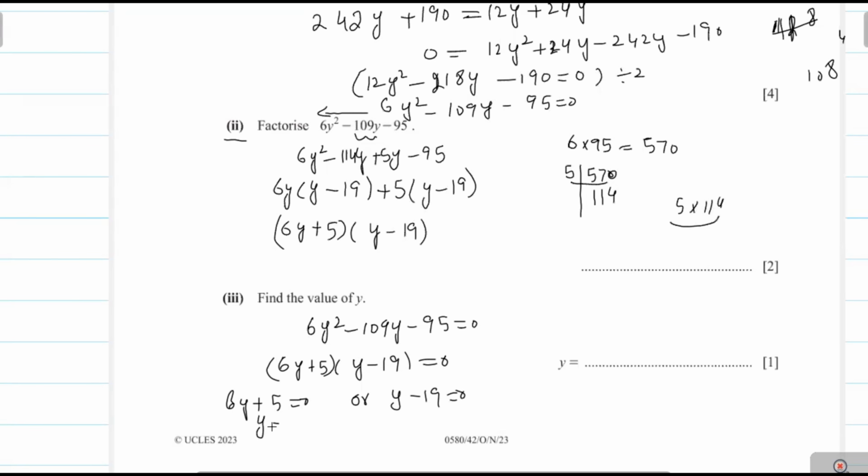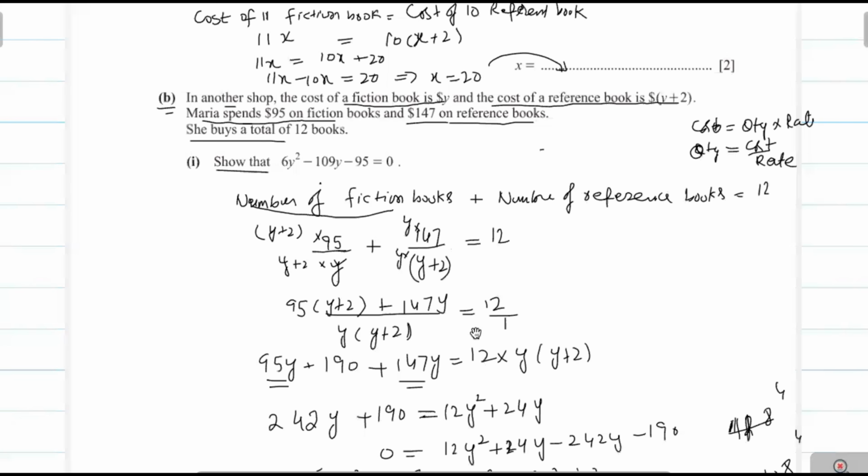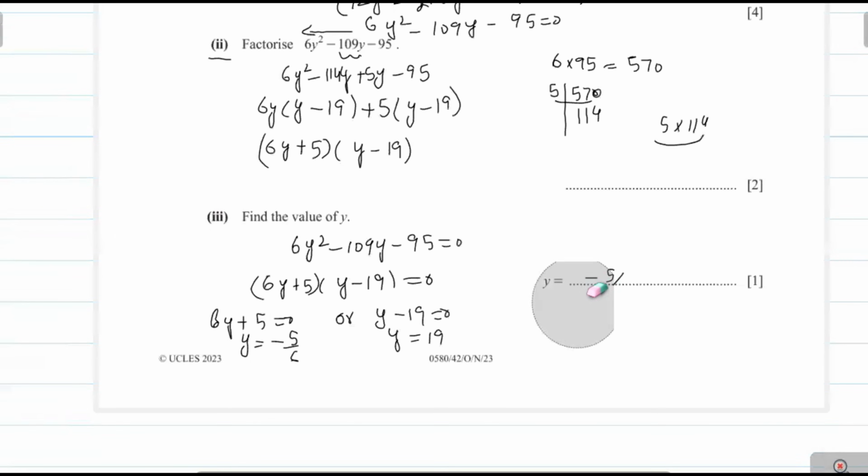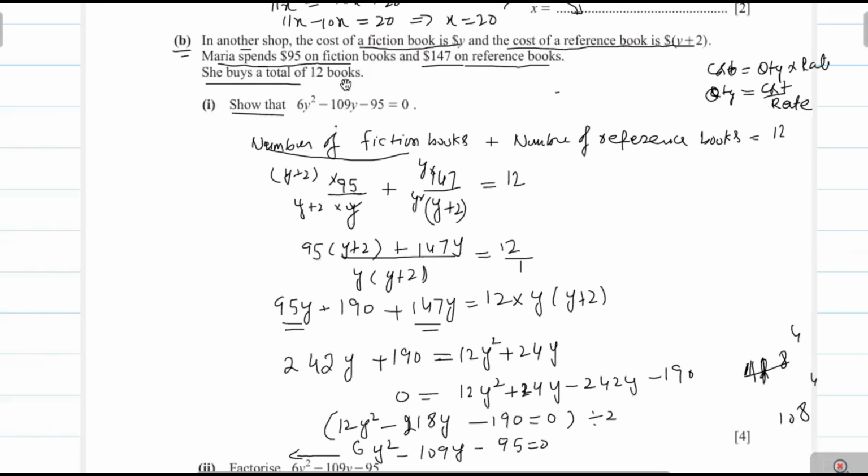Therefore, 6y equal to minus 5, y equal to minus 5 over 6, and y equal to 19. You see here, the negative value is not possible, therefore we write the positive value. Therefore, we write only y equal to 19 because the number of books will be a positive value.